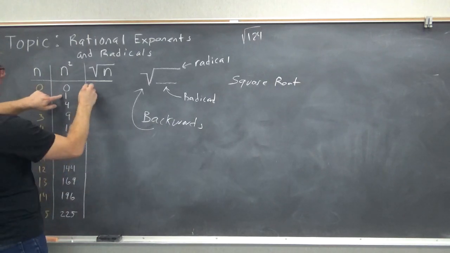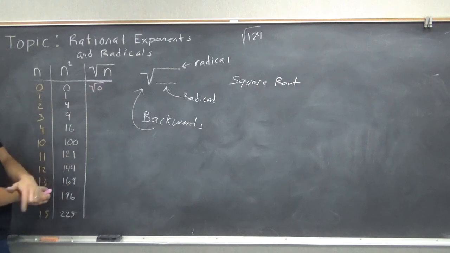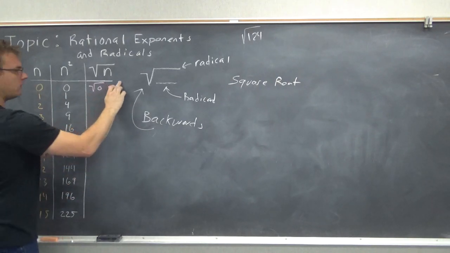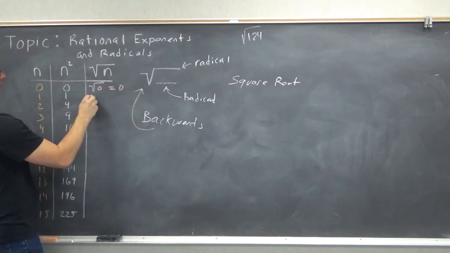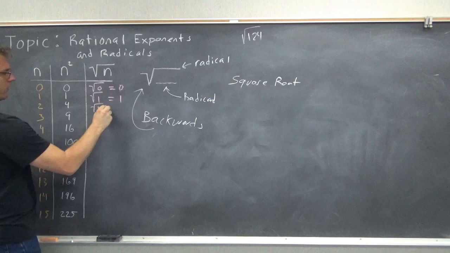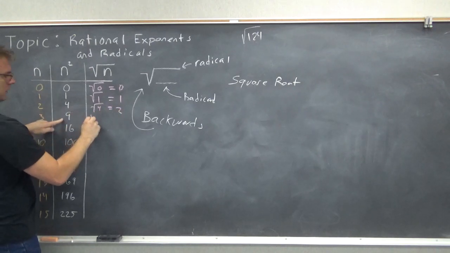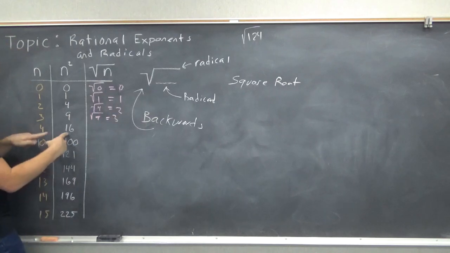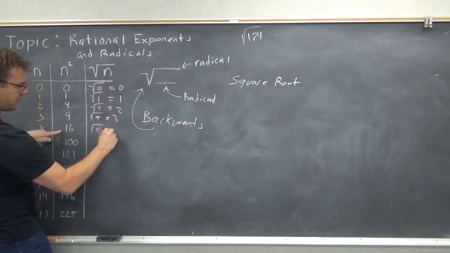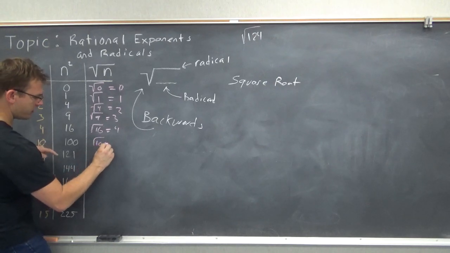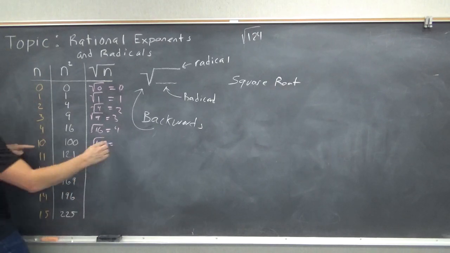So let's do these. What is the square root of 0? 0. What's the square root of 1? 1. What's the square root of 4? 2. What's the square root of 9? 3. What's the square root of 16? 4. What's the square root of 100? 10.